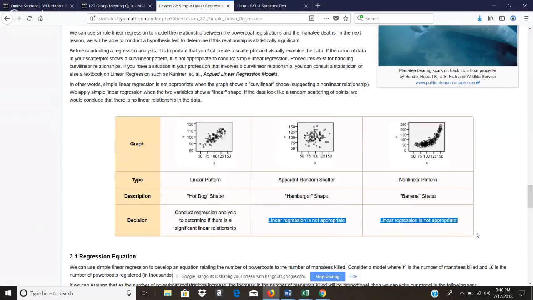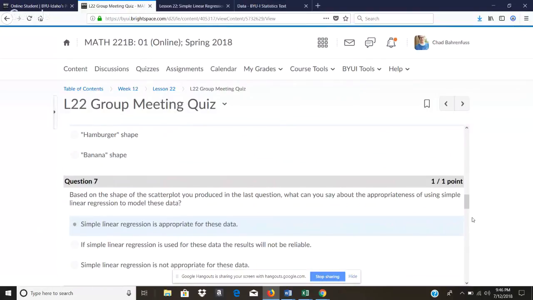So they both state it is not appropriate, but it did state that for the hot dog shape. So I kind of just guessed. I mean, it was right, so luckily it was right. But I figured it would be because it wasn't the third one, and the second one didn't make any sense to me. Because if simple linear regression is used, the results will not be reliable, that's almost the same as not appropriate.